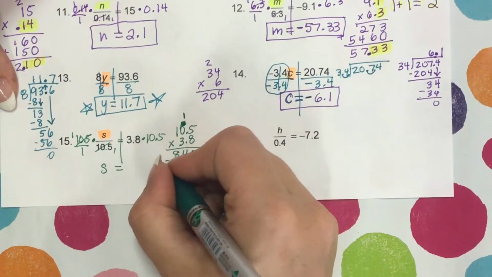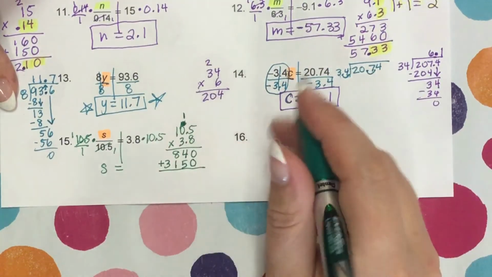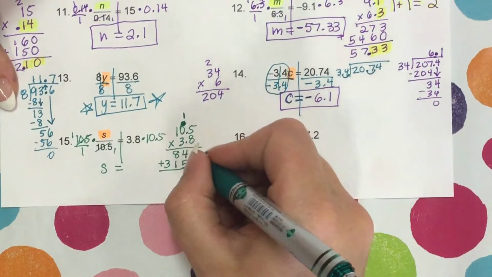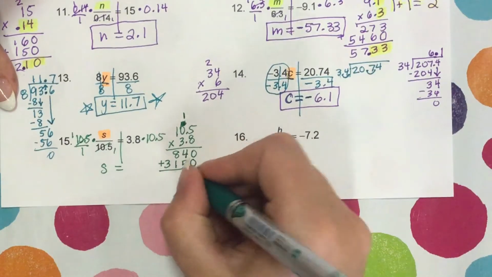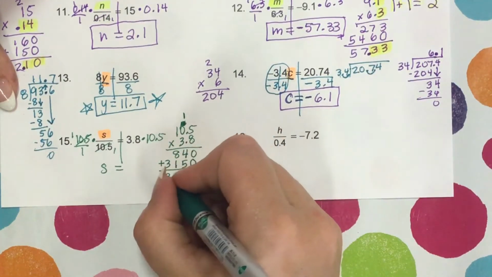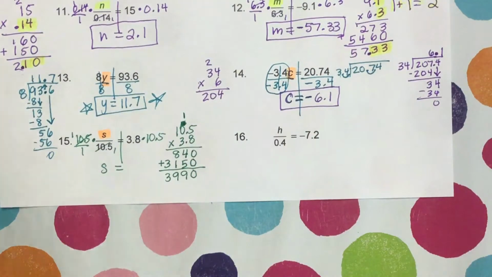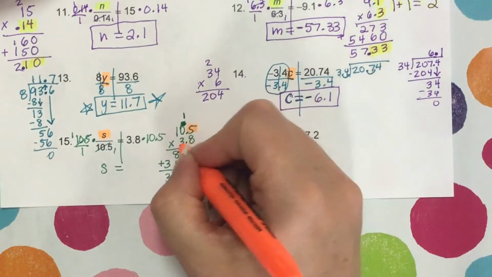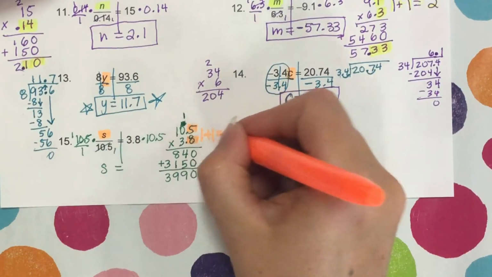Now I'm just going to add, and this is getting a little bit closer to my equation than I like, but we're already here, so we're just going to go with it. We're going to add 0 plus 0 is 0, 4 plus 5 is 9, 8 plus 1 is 9, and then 3. And now this is where we take a look at the decimal places. 10.5 has 1 decimal place, 3.8 has 1 decimal place, and 1 plus 1 equals 2.